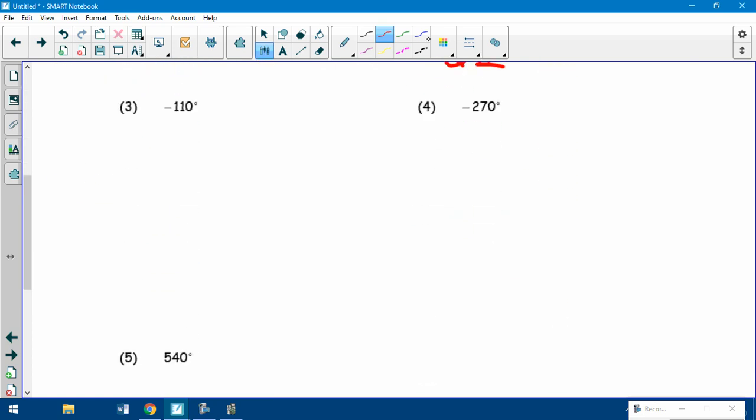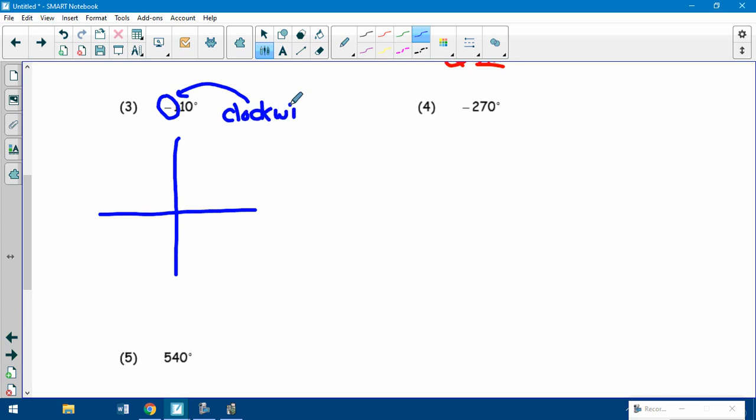Okay, negative angle. Now, as soon as you see a negative angle, what does that mean to do differently? Negative angle means we have to rotate clockwise. So I'm going to still call this 0, but then this is negative 90, negative 180, negative 270, and negative 360.